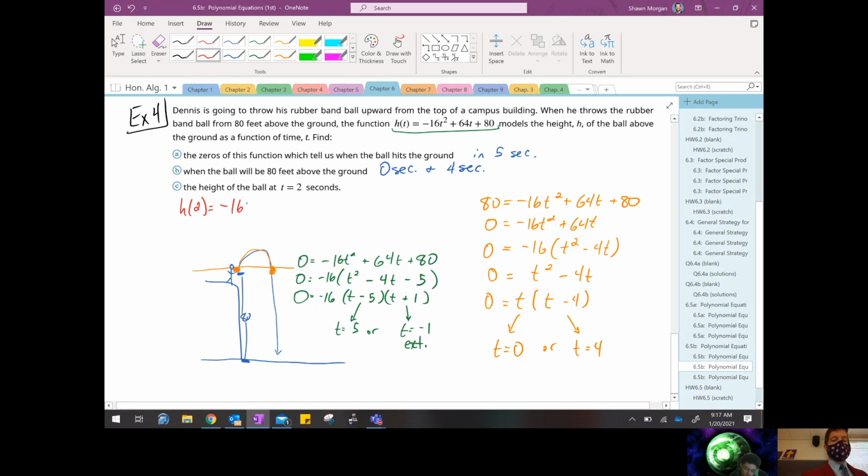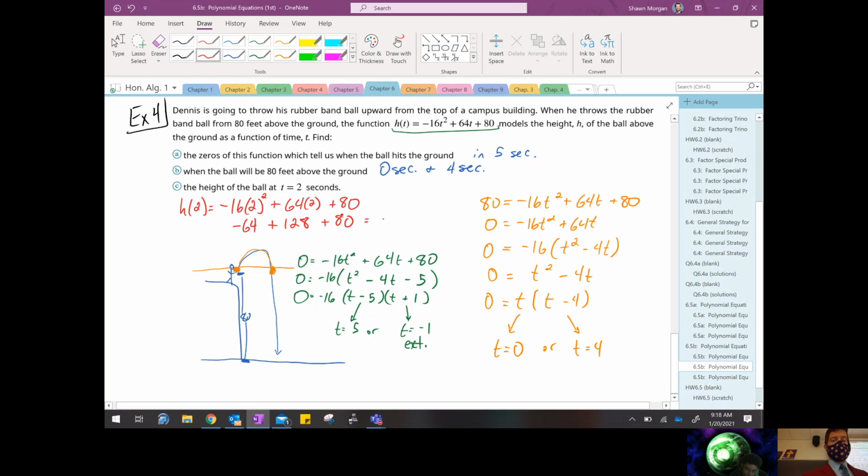We got negative 16 times, can you go ahead and square the 2 for me and then multiply it by the 16? 64, good, because that 16 is a negative coefficient, right? And then 64 times 2 would be, good, 128. You're helping me with my arithmetic. Thank you much. And then we got plus 80, which is not affected by the time at all. So that's going to be 64, so 144.